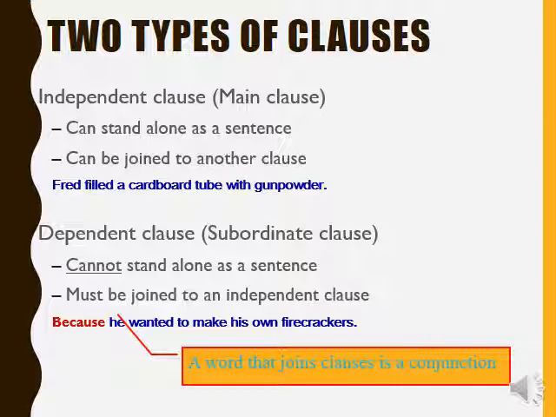Because here is a word that joins clauses, a conjunction. So "because" is the conjunction and it joins the clauses. In other words, it joins the independent clause and the dependent clause.